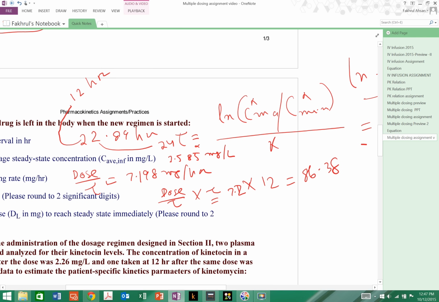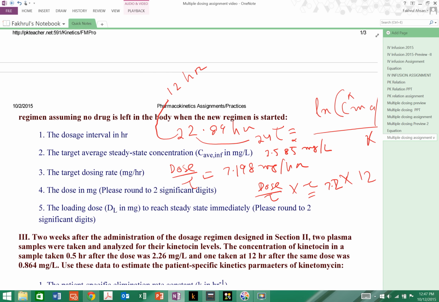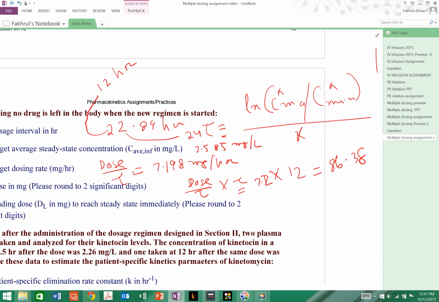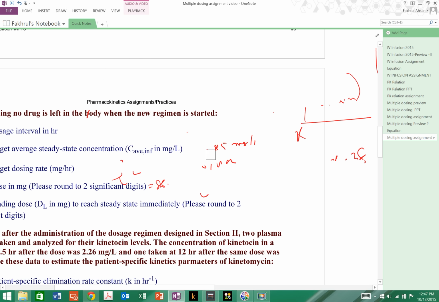So this is how you calculate the dose in milligrams. It says please round to two significant digits, so you can just put 86. The dose is 86. So let's put those values here to make things clean.